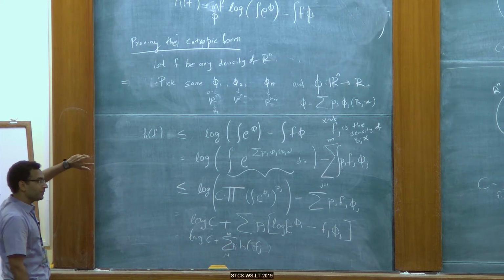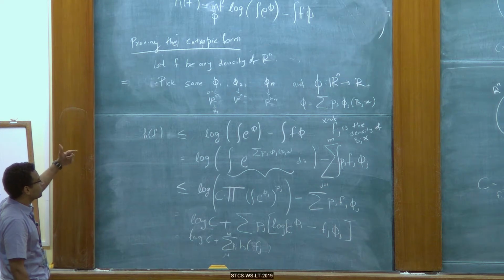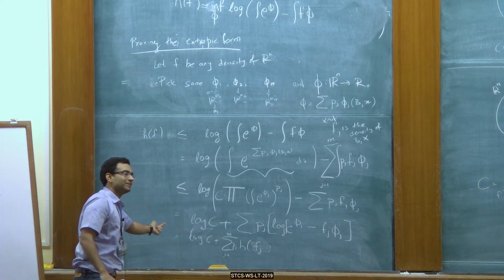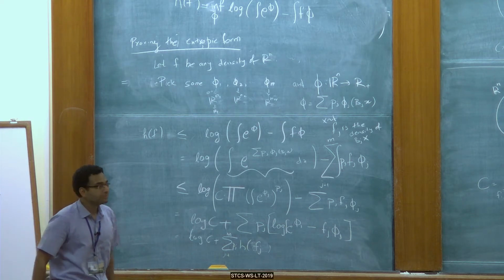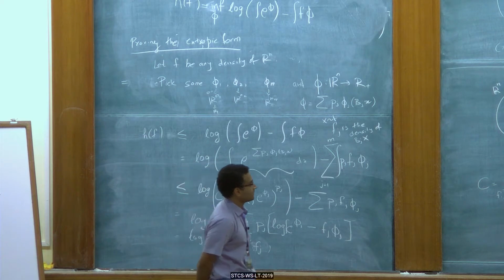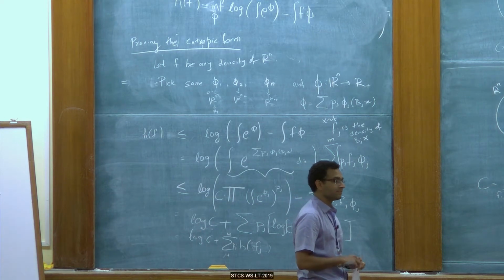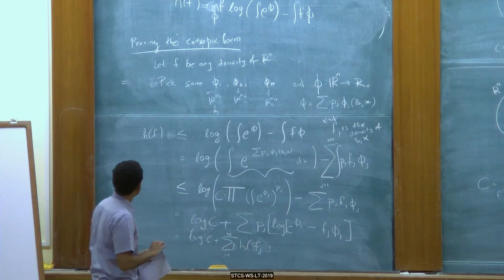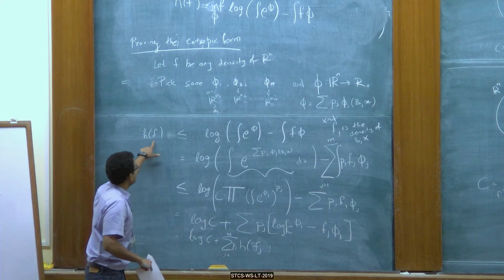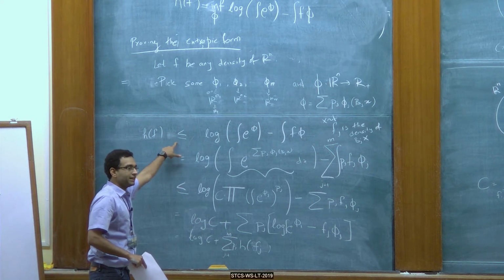That's right. So, to prove the reverse, we start out with a phi which is making the first inequality tight, and use an inequality at the last. So you mean for h of f to be exactly equal to?